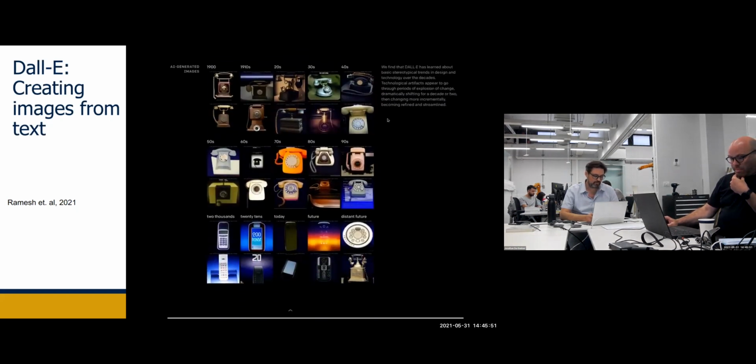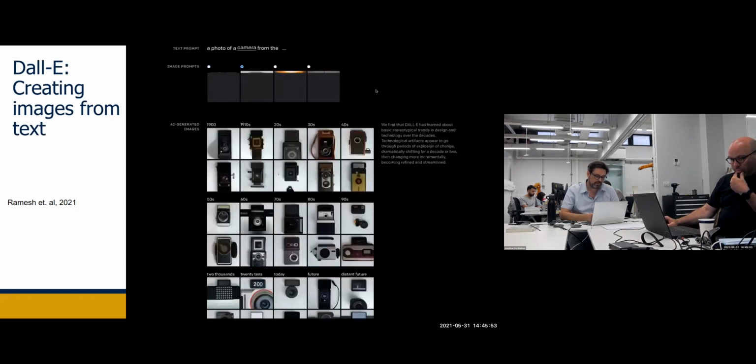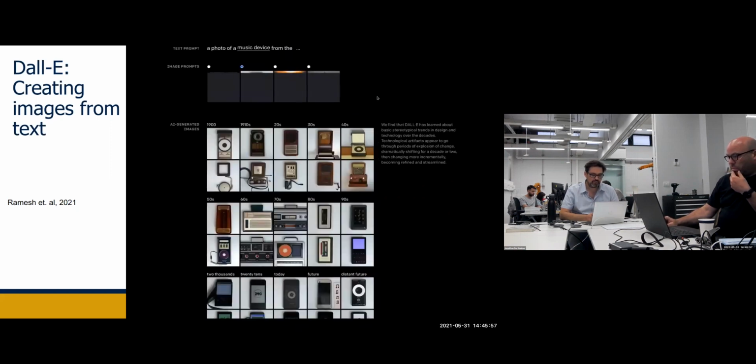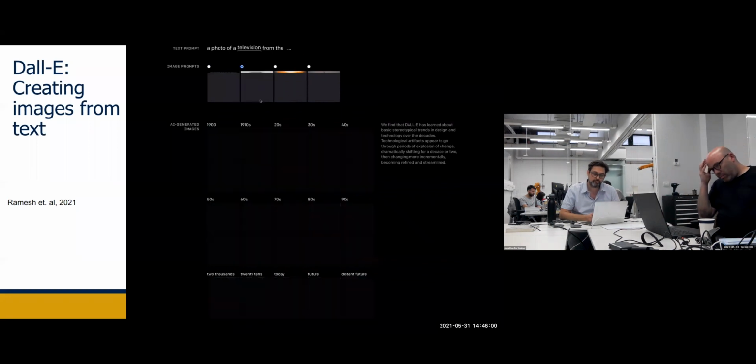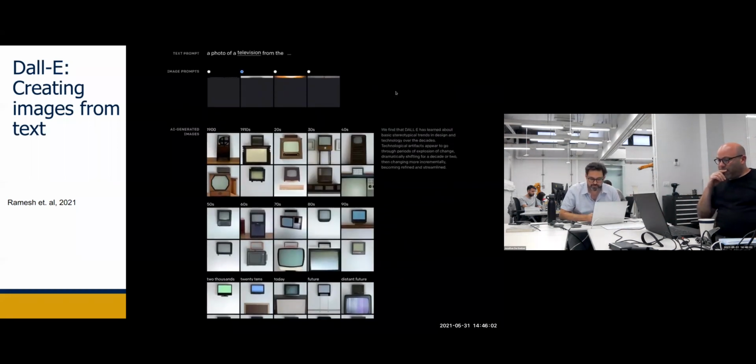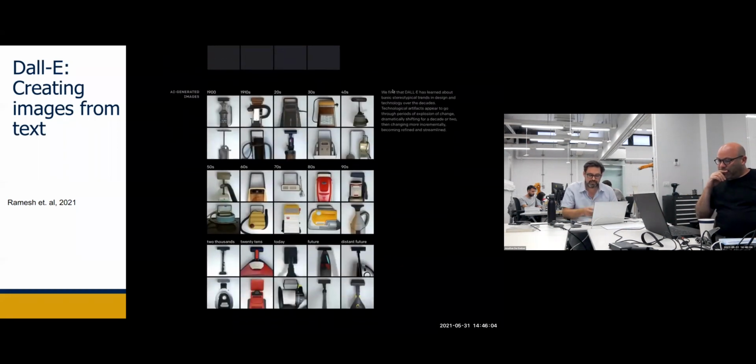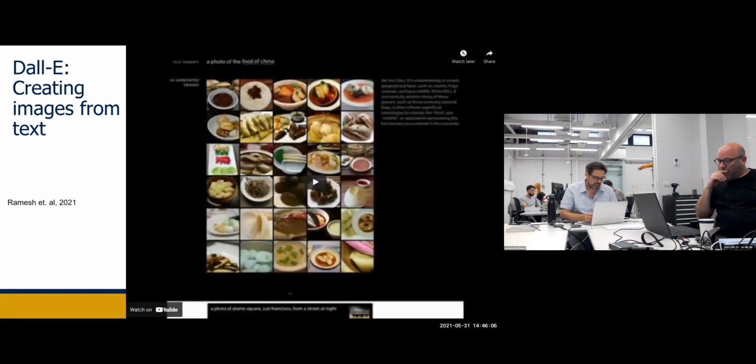DALL-E is remarkable as an AI that can convert natural language into images in a way that makes sense and is also creative. We can see TVs from the 19th century. So I want to ask you, is this similar to design work? Can a client express a design problem in natural language, and the designer who understands the situation produces multiple sketches of novel artifacts?